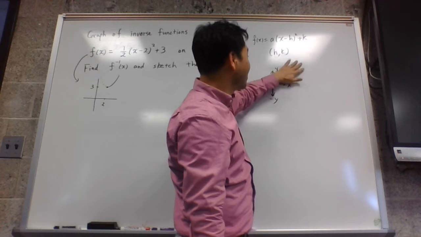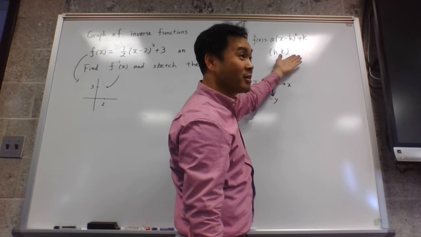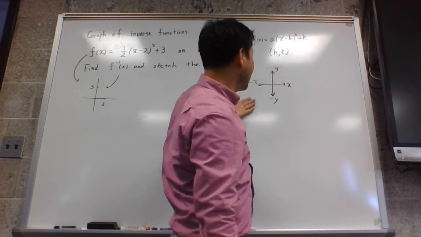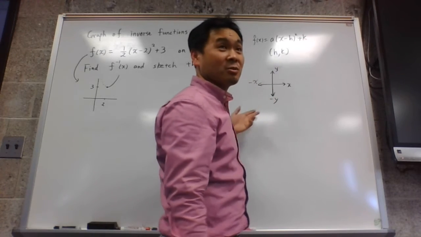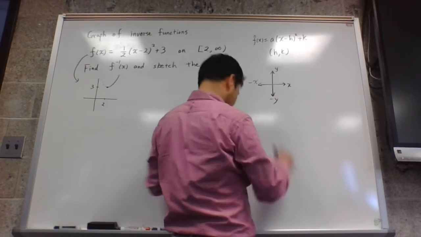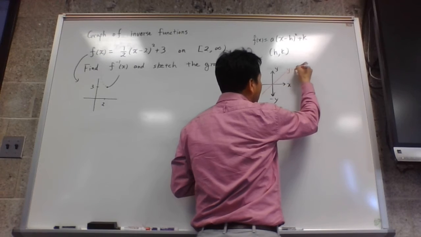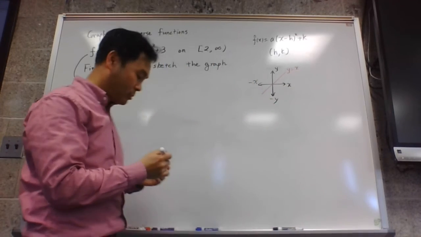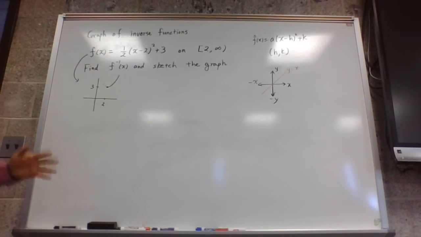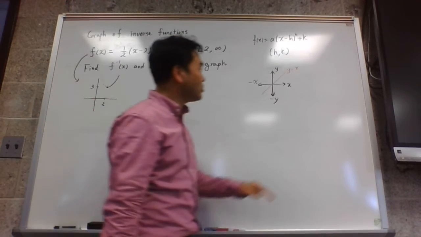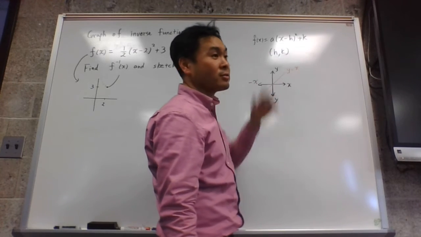I'm flipping over this line here, right? What is this line? That line is called y equals x. So finding the inverse function is equivalent to flipping over the diagonal y equals x.